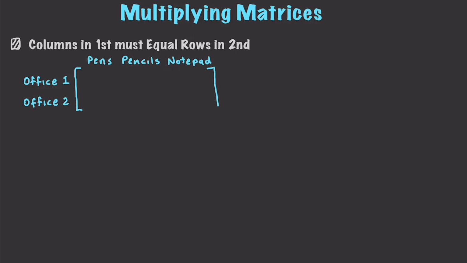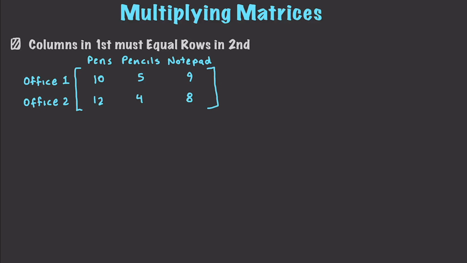And we know that specifically Office 1 wants 10 pens, 5 pencils, and 9 notepads, while Office 2 wants 12 pens, 4 pencils, and 8 notepads. And this is going to be packs of pens and pencils, just to be specific.